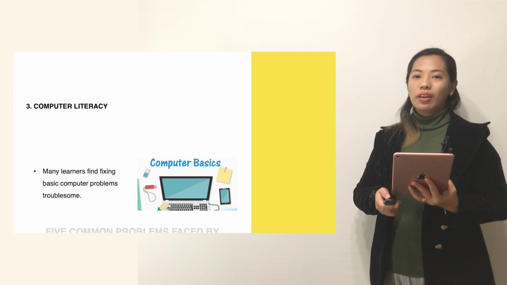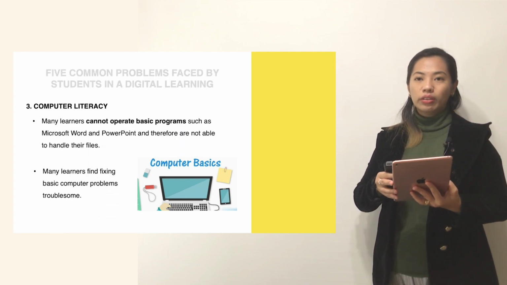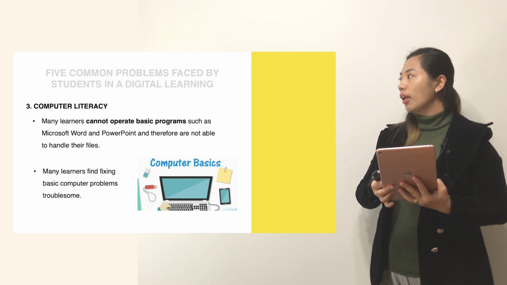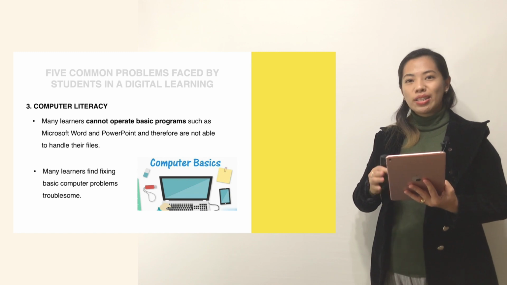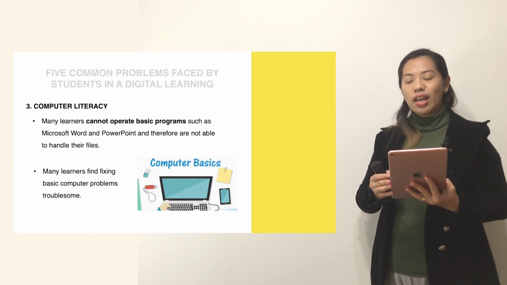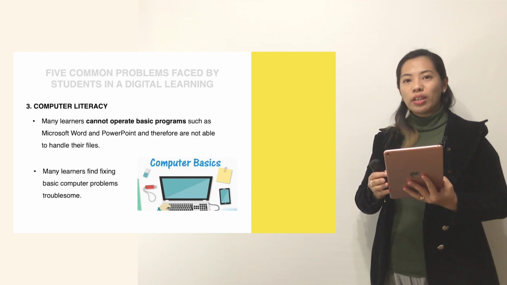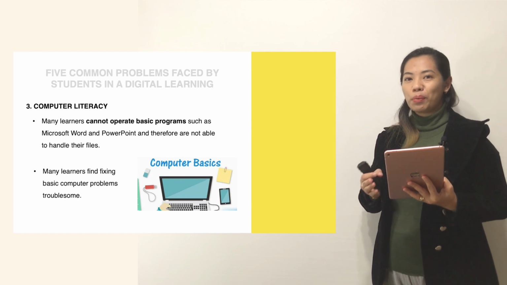Okay, another problem that they actually encountered is, of course, computer literacy. I actually observed this firsthand when some of the students didn't have the basic information when it comes to operating some of the computer programs.